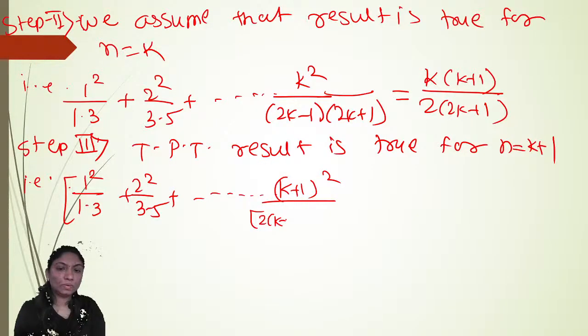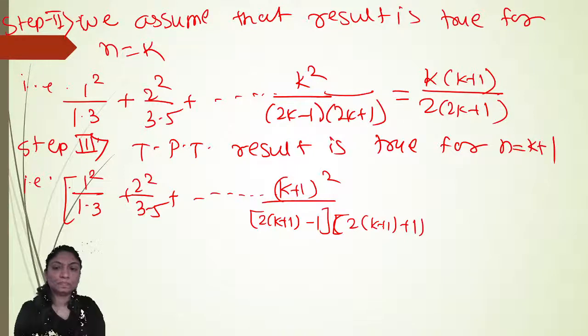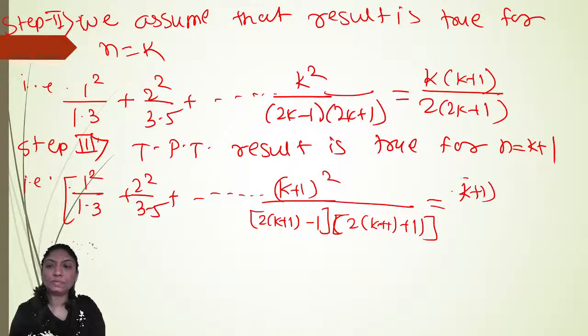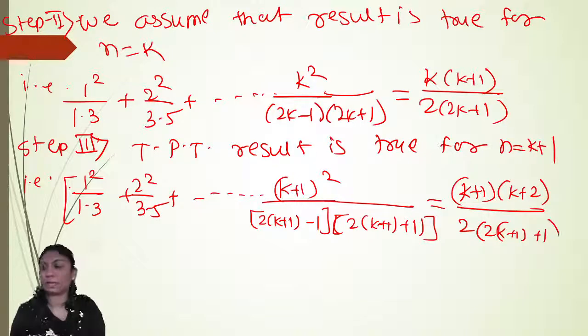For n is equal to k plus 1, it is (k plus 1) into (k plus 2) upon 2 into (2(k plus 1) plus 1), right?